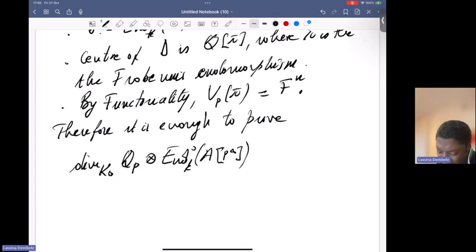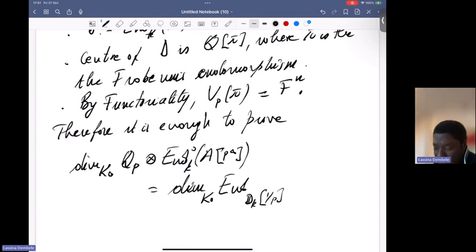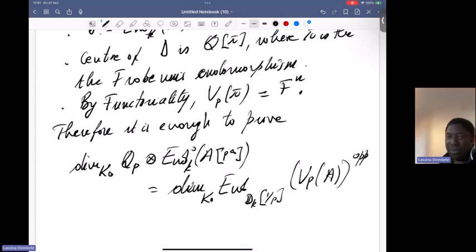And we want to prove that this is the same as taking the dimension over K0 of the endomorphism. So basically what we are doing is we take the equality that we started with and we tensor it with Qp.